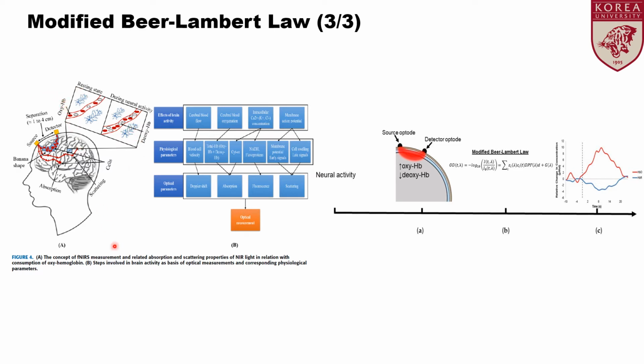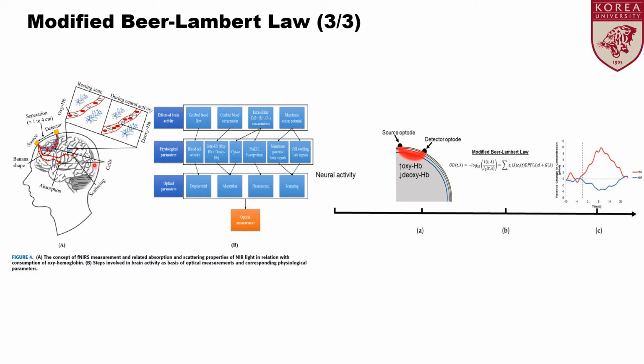Using the NIRS light source, we can shoot the light on the scalp and can detect the light at the other end after passing through the brain tissues. So as we see, some of the light will scatter and be absorbed by the brain tissues, and some can be detected by the detectors at the detector's end.